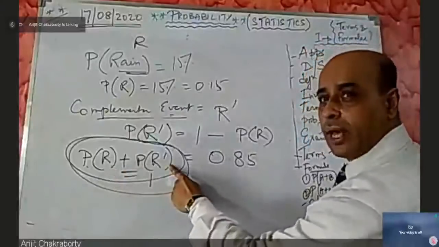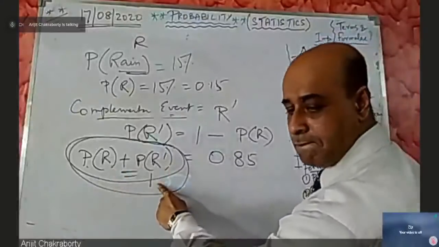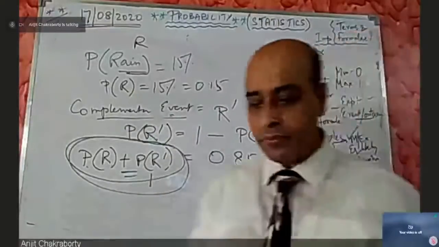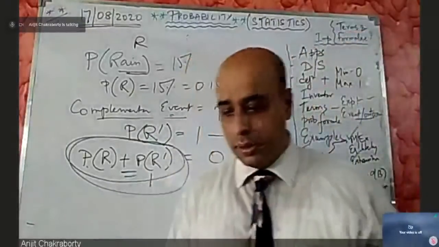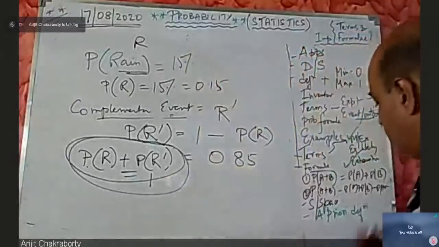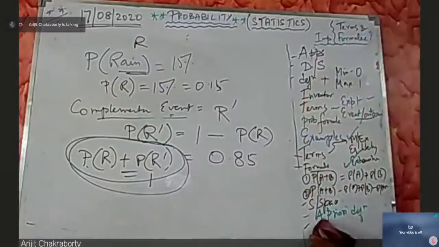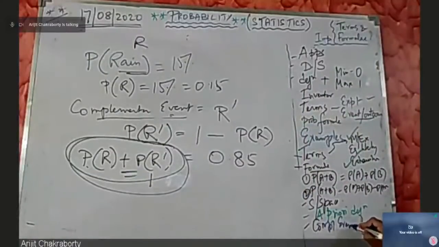P(R) plus P(R dash) will always be 1. Fine? Please note this. So I am keeping a note that we have discussed complementary events and this important formula as well.